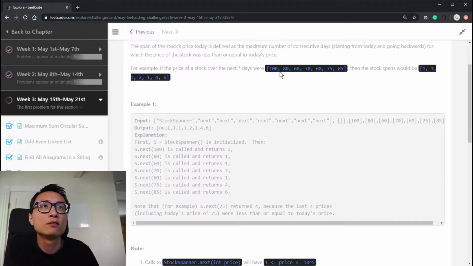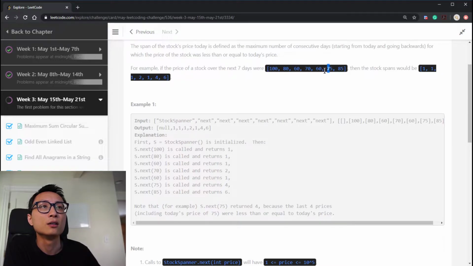The example, we have 100, 80, 60, 70, 60, 75, 80, 85. So it's decreasing, then going up. We can actually have something interesting on day 4 here. And going down again, that pretty much resets because there's something above the line, so this resets to 1.